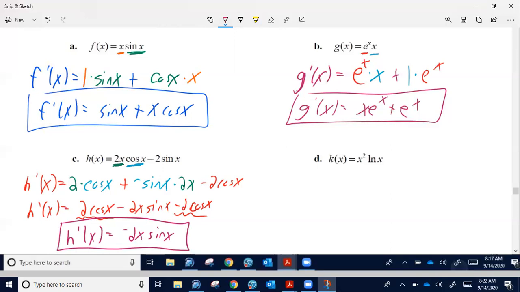And finally, D here, k of x is x squared ln x. I have x and x, so it's going to have to be a product rule. It's all multiplied. X squared is the first piece. Ln of x is the second piece.